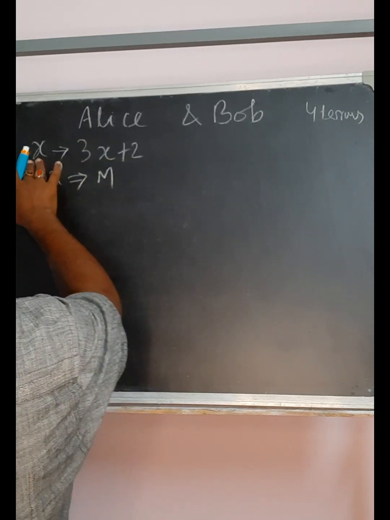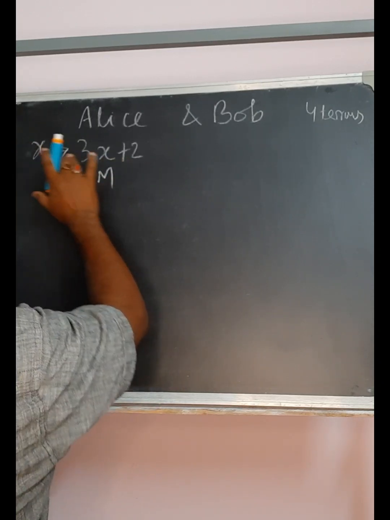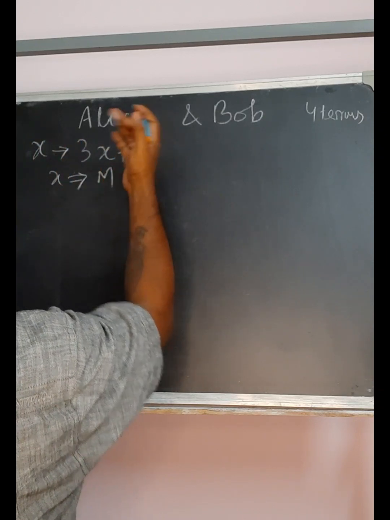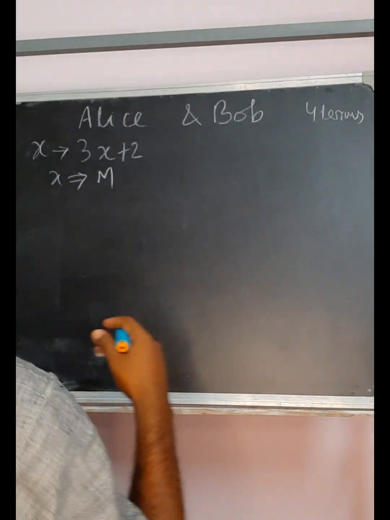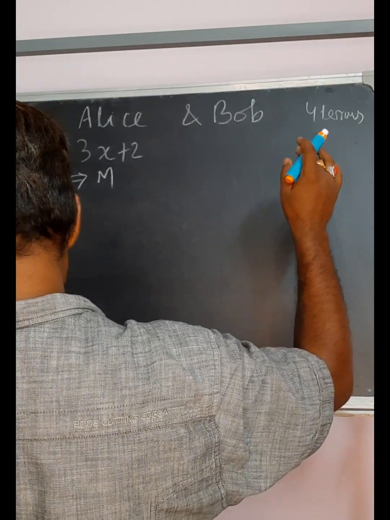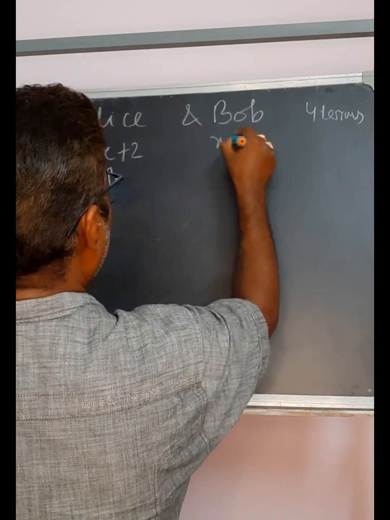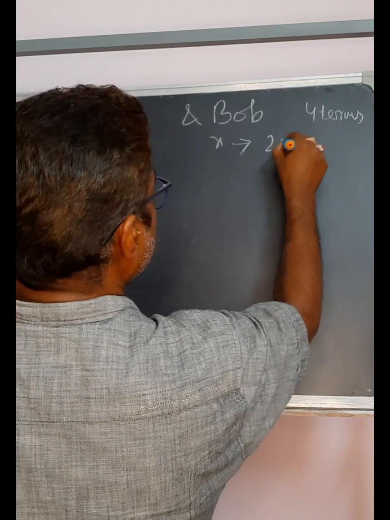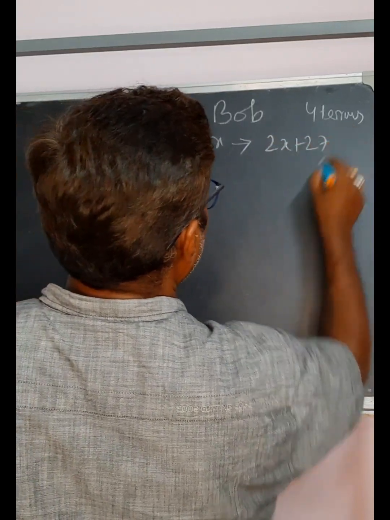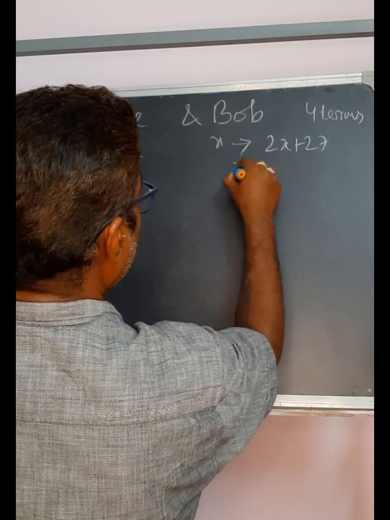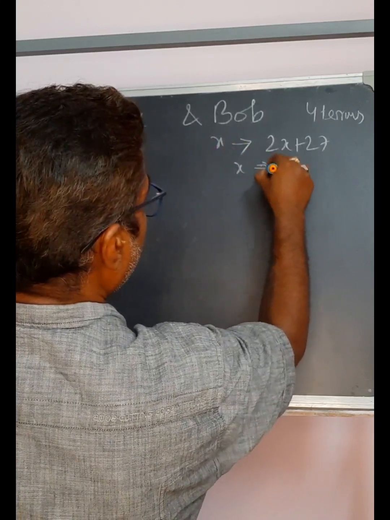That means when she is seeing m, she is replacing that with 3m plus 2. She is doing this 4 times. Similarly, Bob sees some number x and replaces it with 2x plus 27. For him, the digit x is being replaced with n.